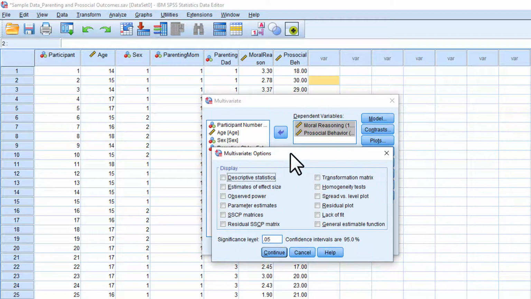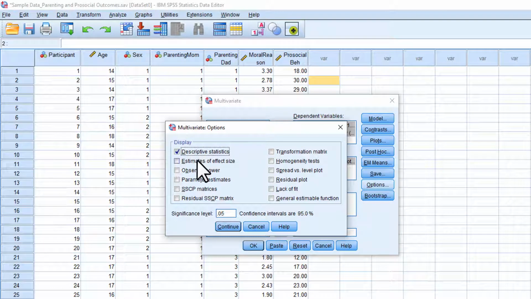First, click Options and select Descriptive Statistics, Estimates of Effect Size, and the homogeneity test option here tests for univariate homogeneity of variances. We might need this later if the MANOVA or the multivariate effect is found to be significant.